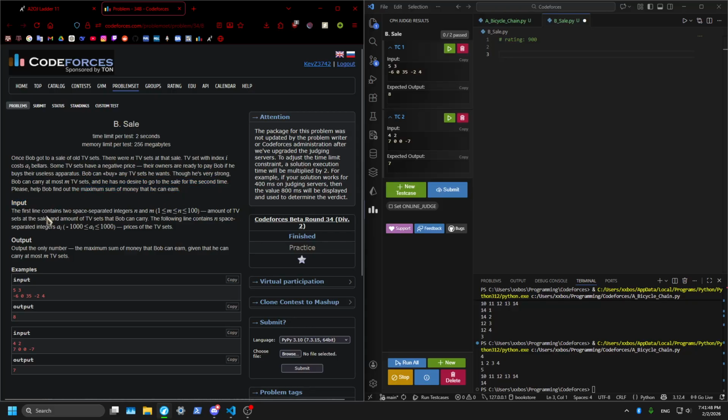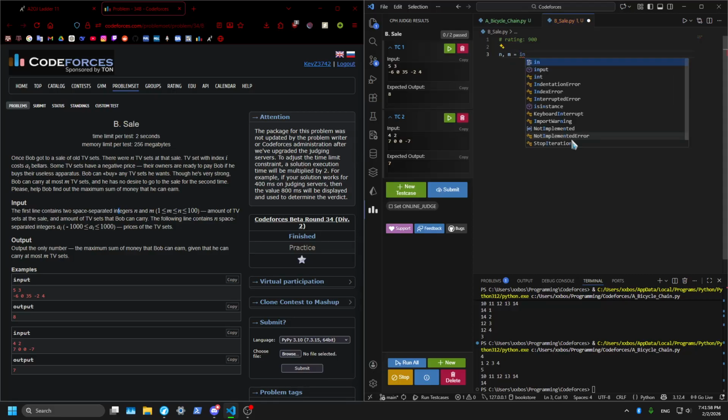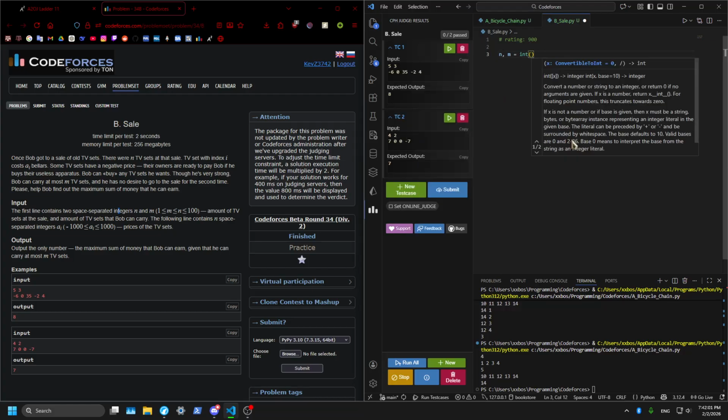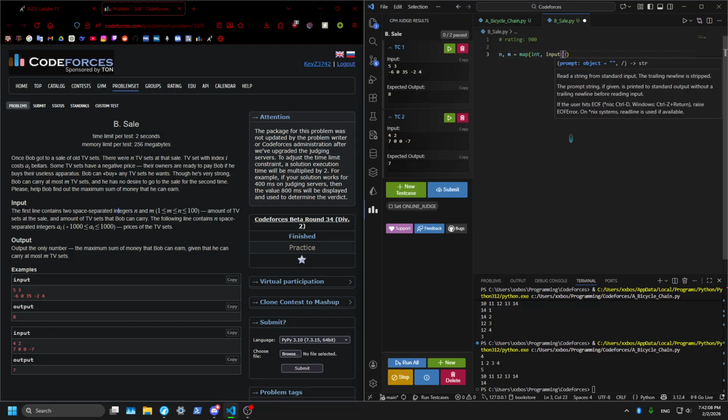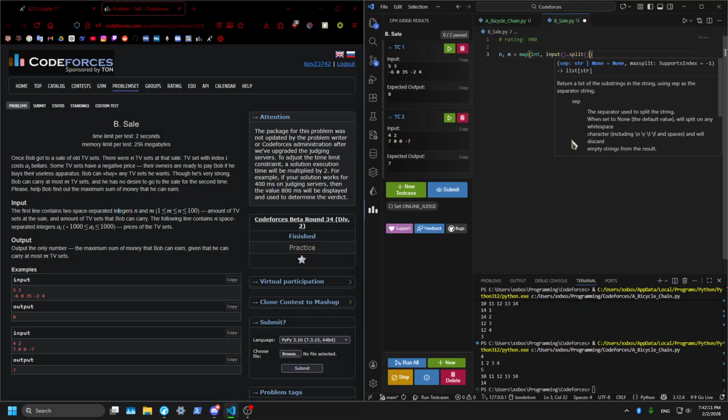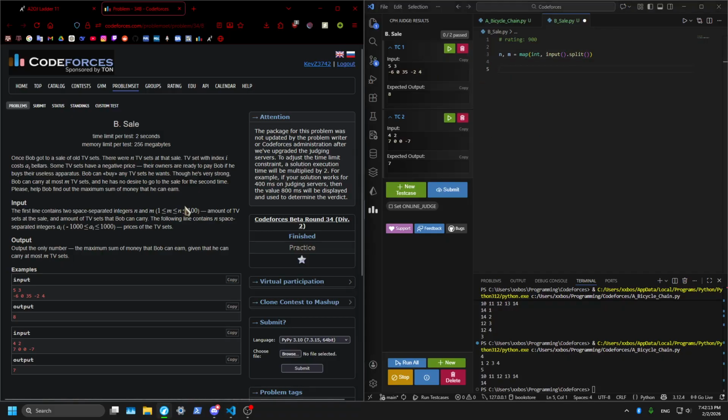Okay. The first line contains n, m equals map int input dot split, and then the amount of TV sets at the sale, the amount of TV sets Bob can carry. Okay, so 5 is the length, and then the amount he can carry.